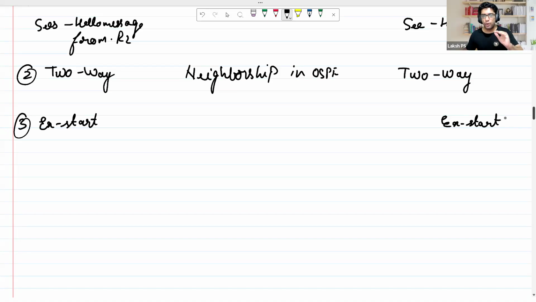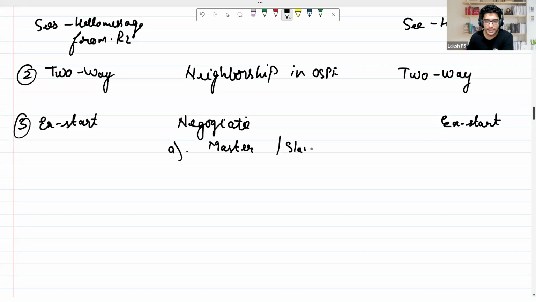So, to finally have the adjacency, few things are to be matched or negotiated. So in the ExStart state, the first thing that they negotiate is who is going to be the master and who is going to be the slave.